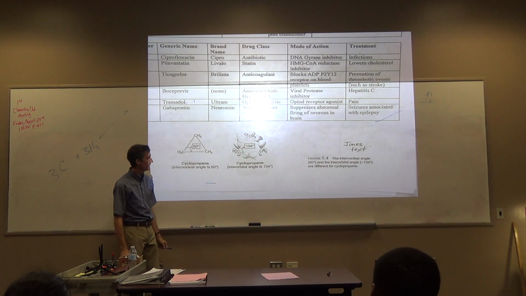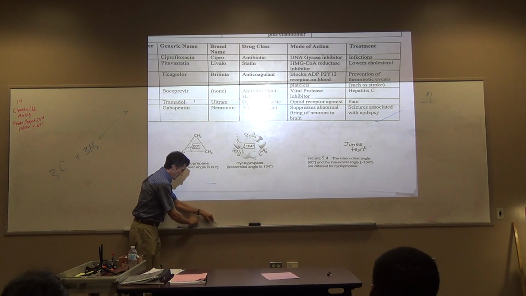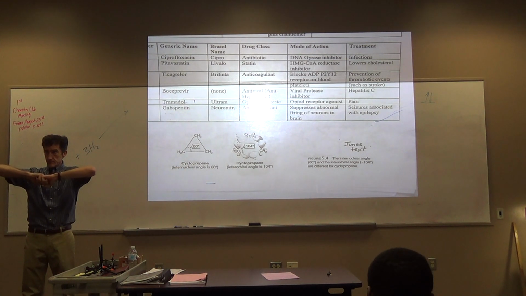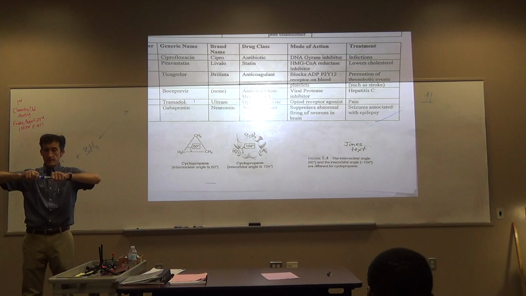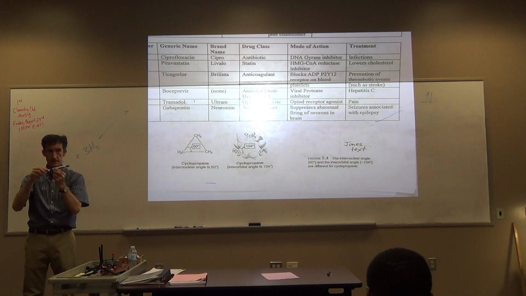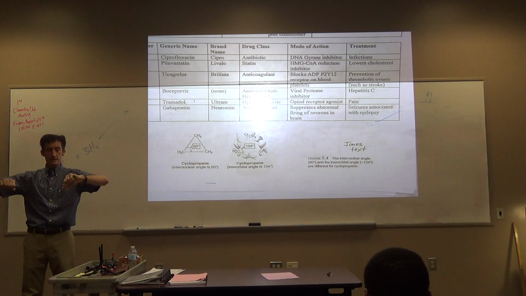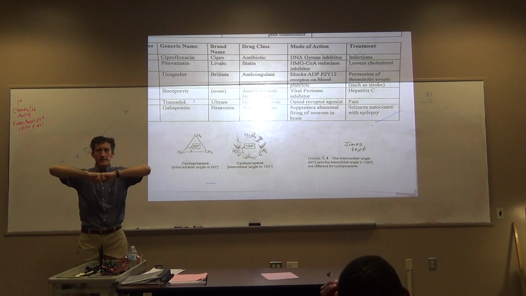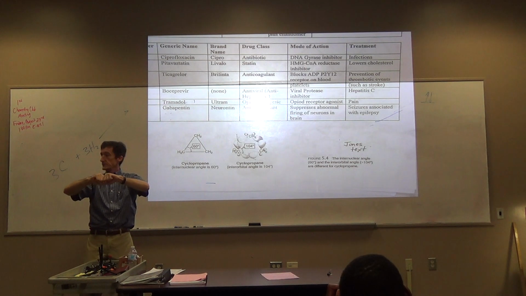We'll look at that. These are sigma bonds around this ring, and the best sigma bond would be like this, head to head, straight head to head. That doesn't mean we can't make a bond that's maybe like this, not exactly head to head.